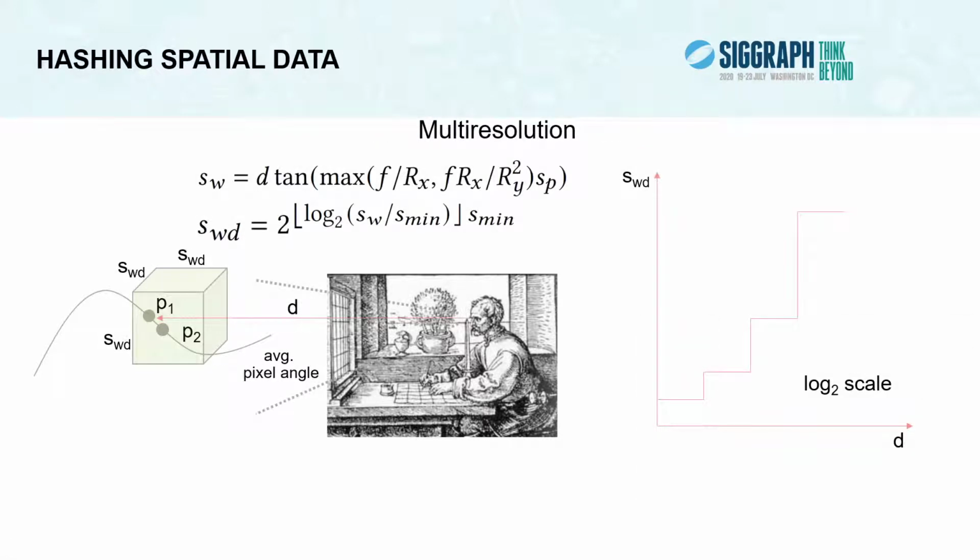To avoid this, we take inspiration from MIP maps, and basically we have a log scale of discretization steps, and this is only driven by a target pixel size for the cells and an arbitrary minimum size of the cells, so that can be safely put to float min or whatever small constant. It's really irrelevant.